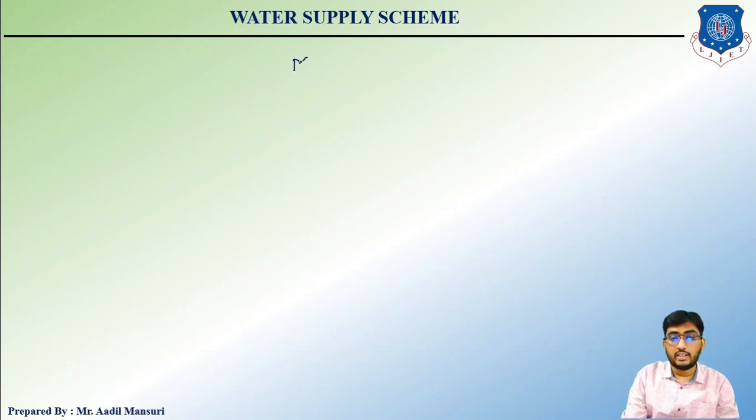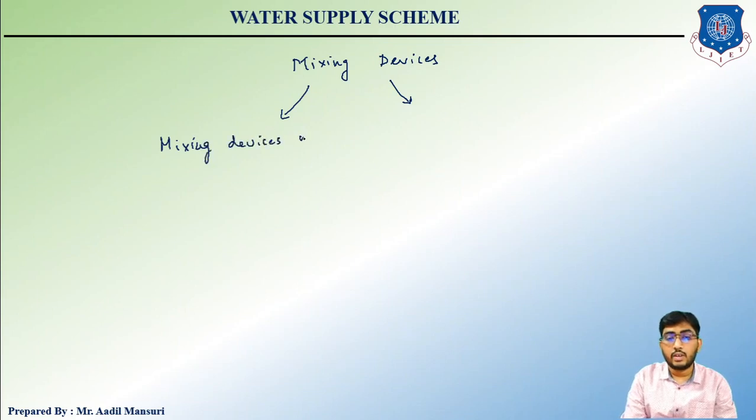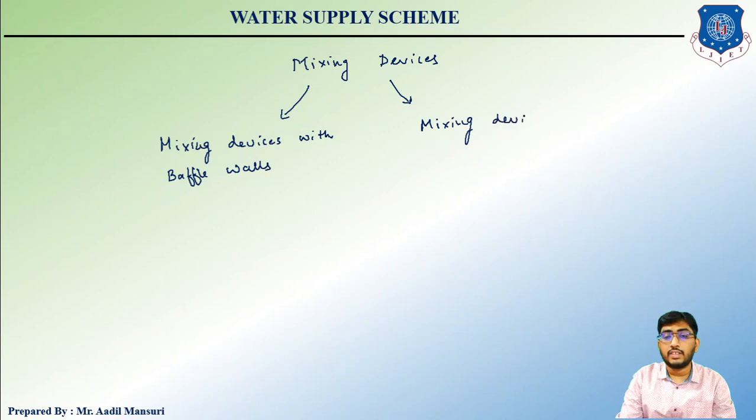So as I said, mixing devices are of two types. The first one is known as mixing device with baffle walls, and another is known as mixing device with mechanical devices.